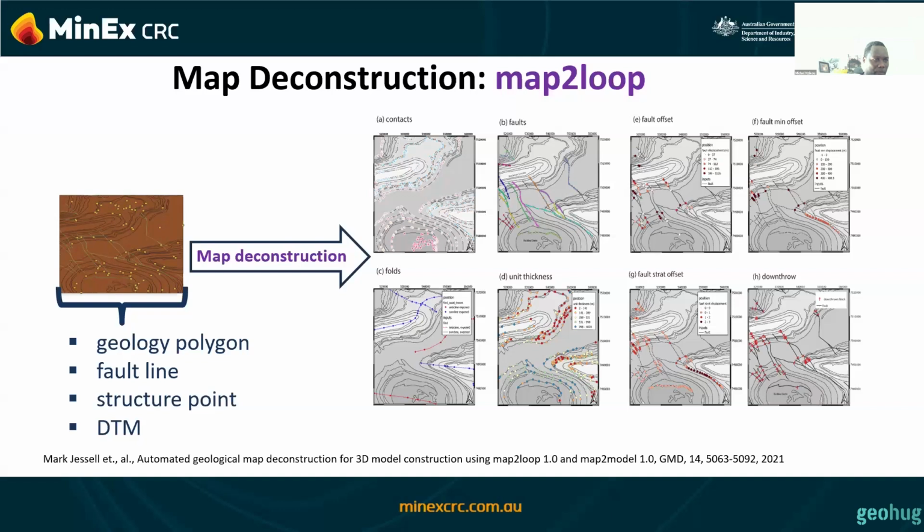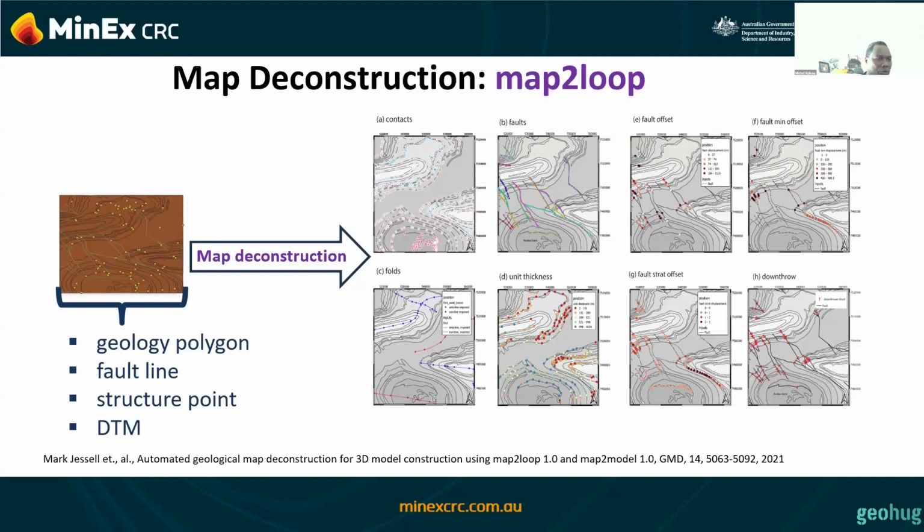But we know that Map2Loop is similar to what machine learning or AI terminology calls a data augmentation pipeline. Because in AI and machine learning, they ask, how will we augment data? So it's pretty much the same concept, but this is not a black box.